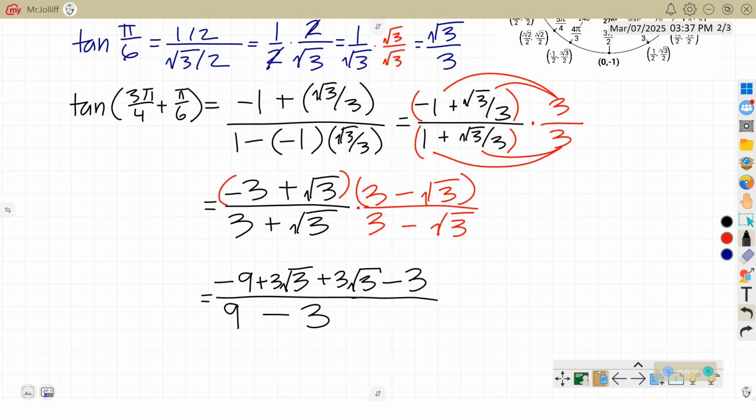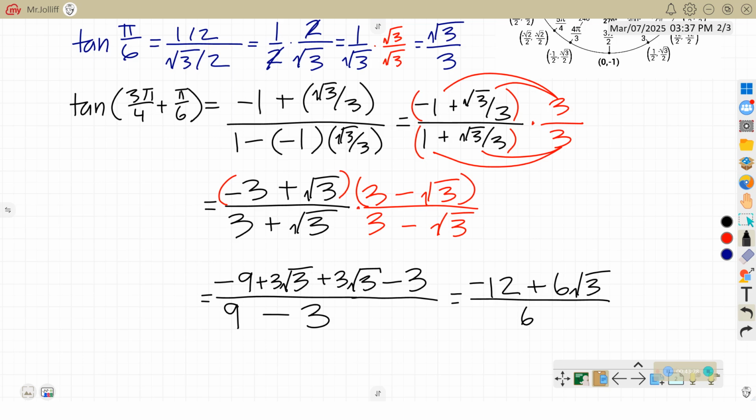Now it's just grouping like terms, making it pretty, yeah? All right, numerator, whole numbers first, minus 9 minus 3. I heard somebody mumble, it is minus 12, yes? 3 root 3 plus 3 root 3. That makes 6 root 3s. And the denominator, 9 minus 3, assuming I can do math in my head, is 6.